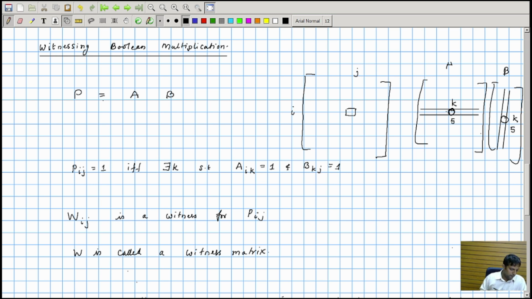And the product is going to be 1. And if you just multiply the matrices A and B, instead of doing Boolean multiplications, if you just multiply them out as integers, then the matrix that you get, let's say C, the integer multiplication, Cij will basically denote the number of witnesses.